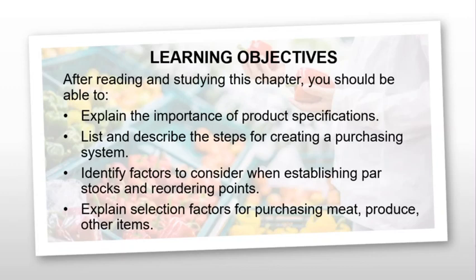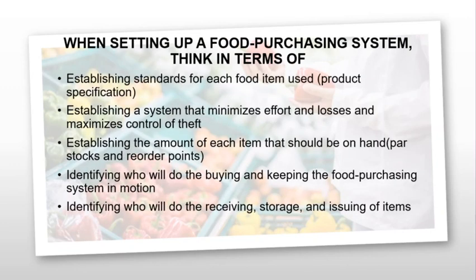And last but not least, we will see the selection factors for purchasing meat, produce and other items. So kita nak beli daging ke beli benda-benda yang meat item ataupun ada produk, kita juga ada beberapa faktor yang perlu kita lihat. Alright? Okay, so let's go for the next slide.